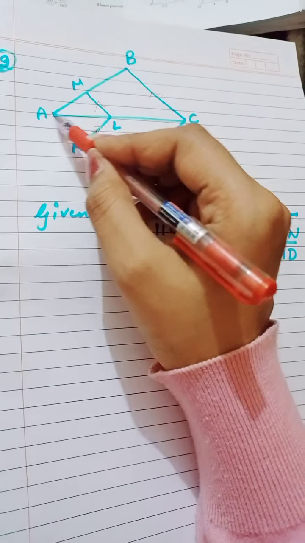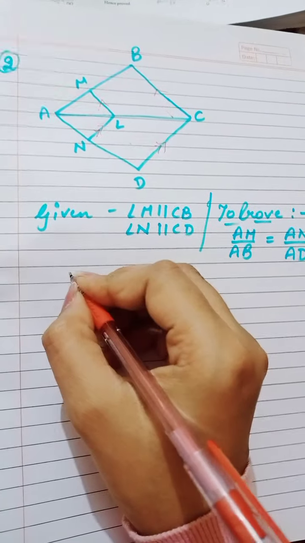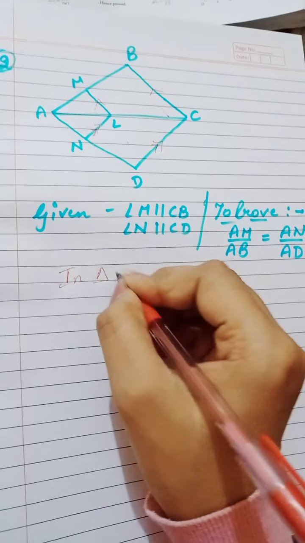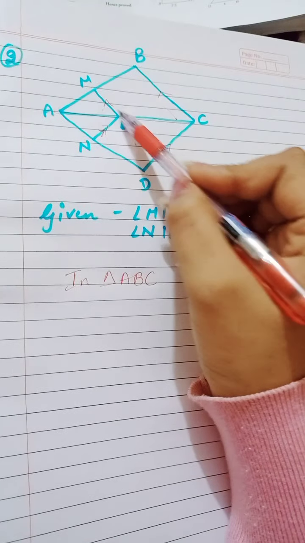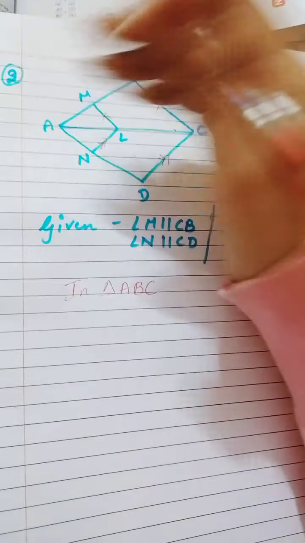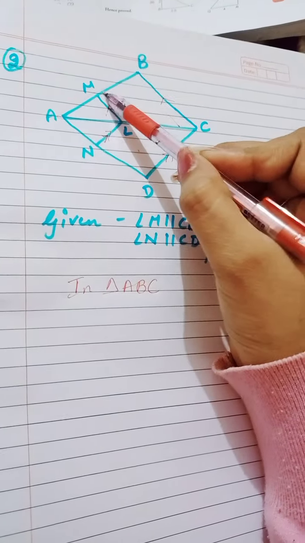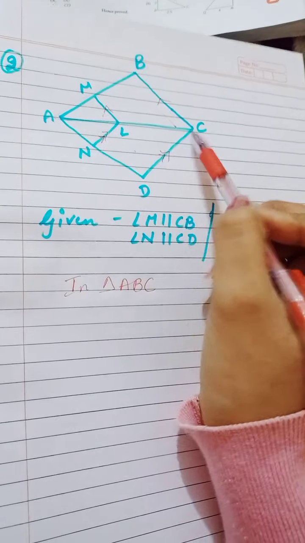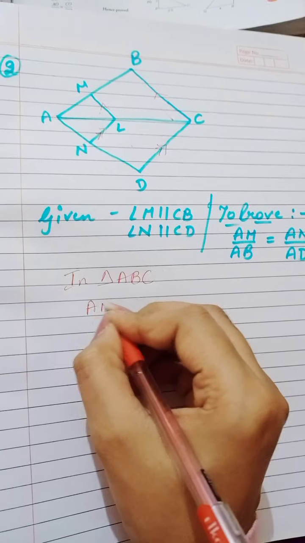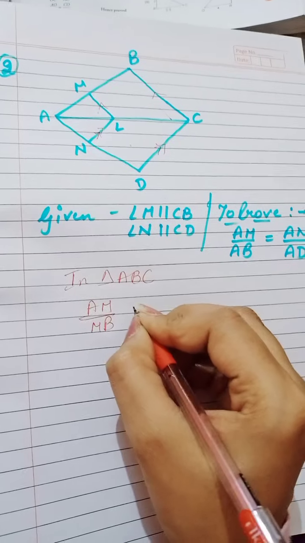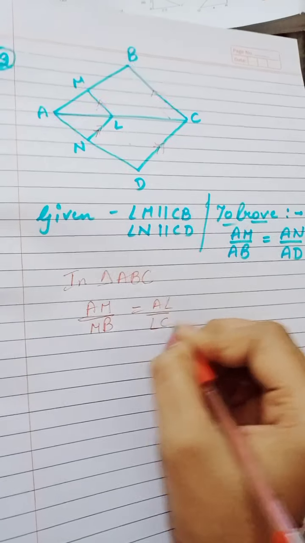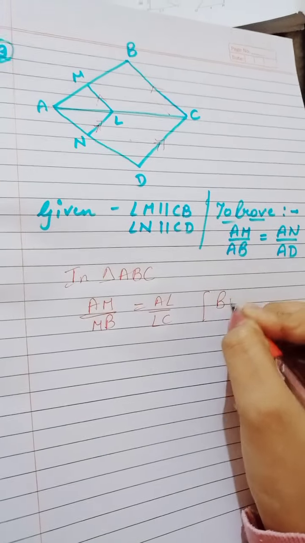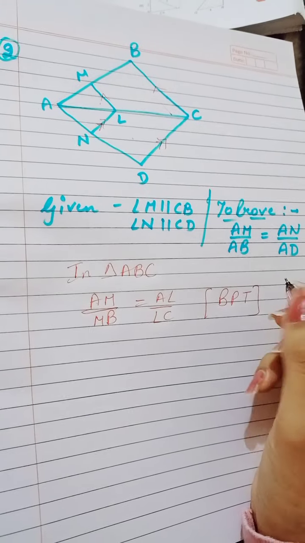So in triangle ABC, when both lines are parallel, the sides become in proportion. That is, AM upon MB would be equal to AL upon LC, by using the Basic Proportionality Theorem.